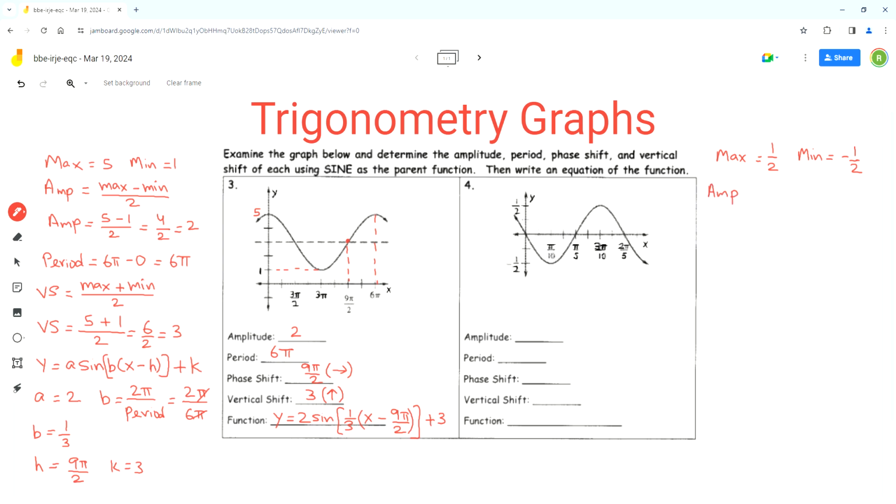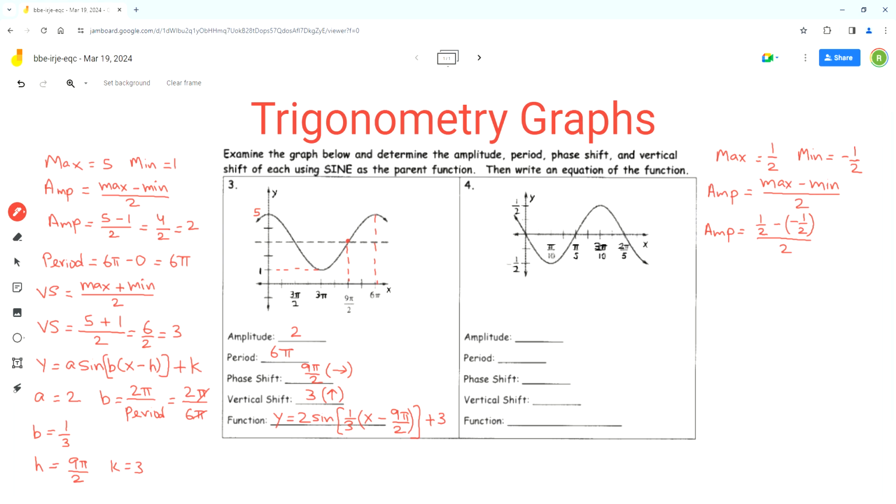The amplitude formula is max minus min divided by 2. Now we can sub in the values. So we get half minus negative half over 2.